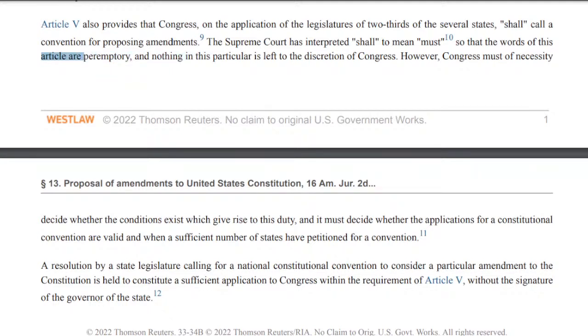Or no, wait, peremptory. Wait, we got a new word. Oh, geez. Peremptory. Okay.